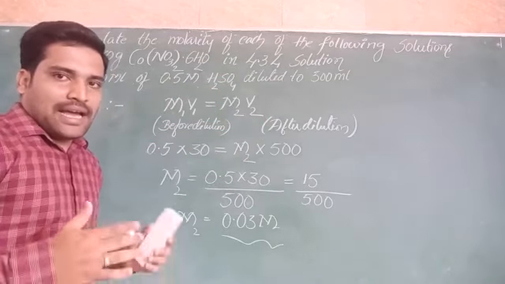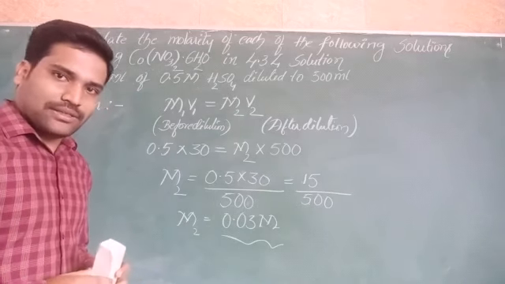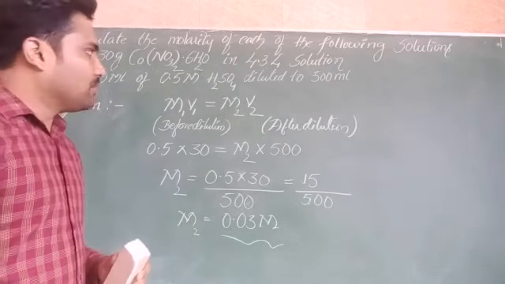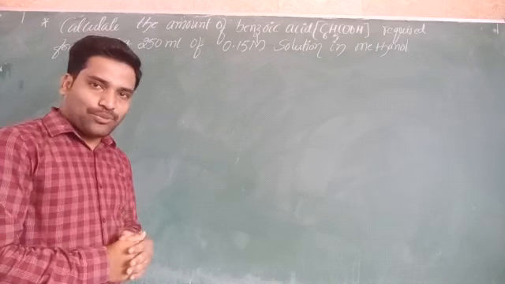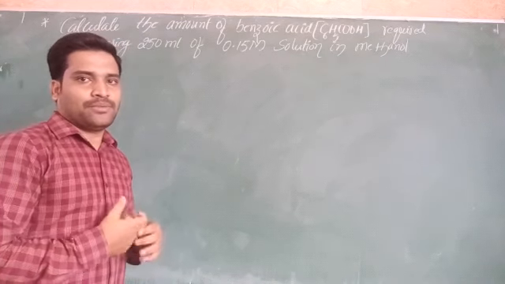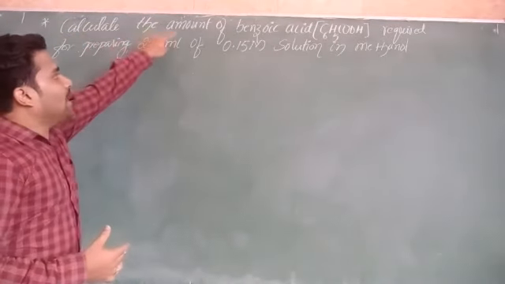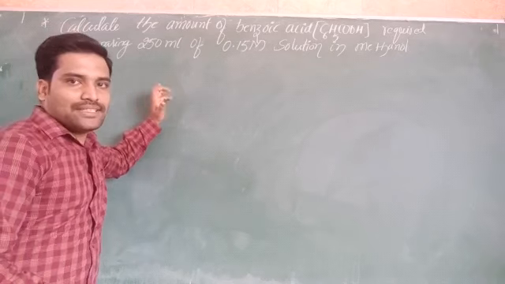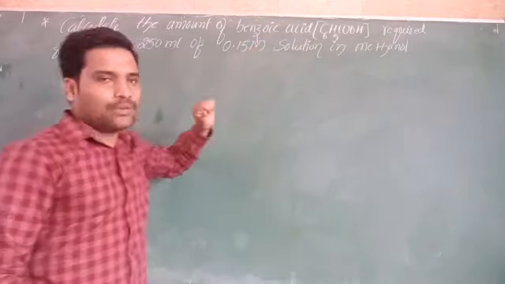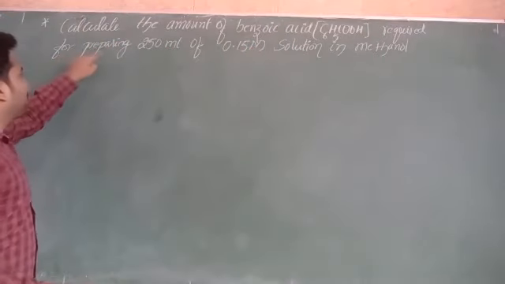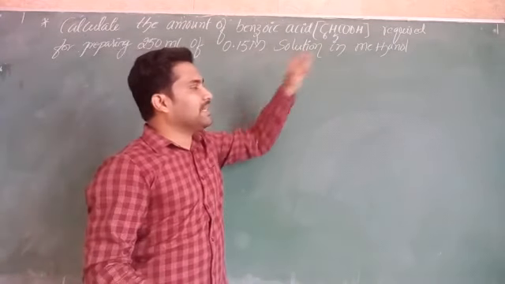Okay, like this, higher concentrated solutions can be diluted by adding water or a suitable solvent. So let's see the next question. Here we have one more problem based on molarity calculation. Calculate the amount of benzoic acid, a solute required for preparing 250 ml of 0.15 m solution in methanol.